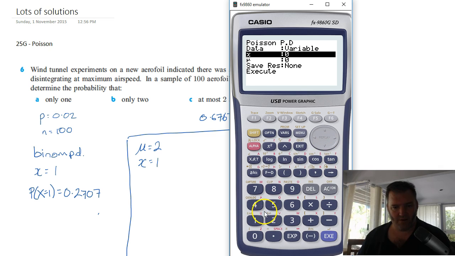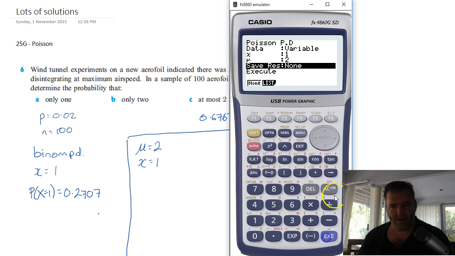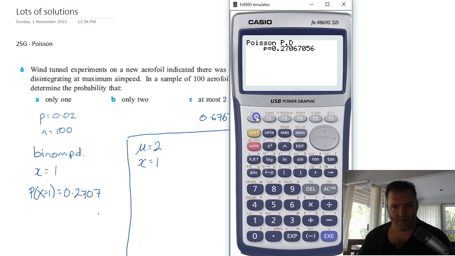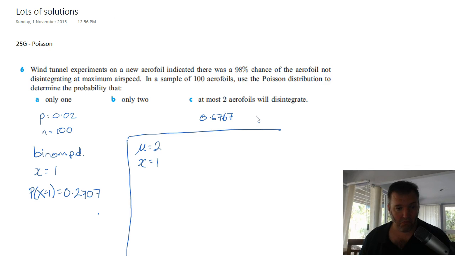Now, I'm only looking for 1 when the expected number, in however many I'm doing, in this case it was 100, so I know the mean value that I'm expecting is 2. If it follows a Poisson distribution, this is going to tell me 0.2707. So probability x equals 1 is 0.2707. Very similar statistic, isn't it?